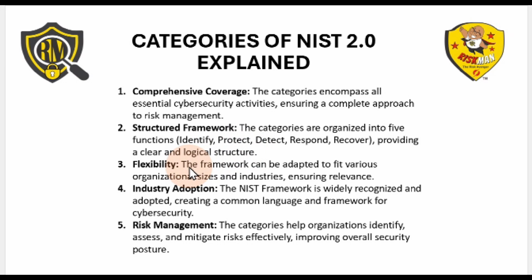The flexibility is there, so it can be adaptable to fit a variety of organizations, not just one type of organization. And then it's industry adoptable, so you can adopt it to just about any industry. And then the risk management categories are actually broken out better in 2.0, so you can define how you're going to evaluate risks within the organization as well.